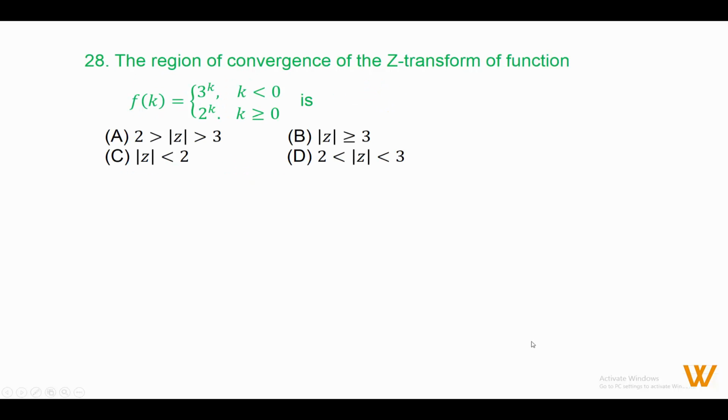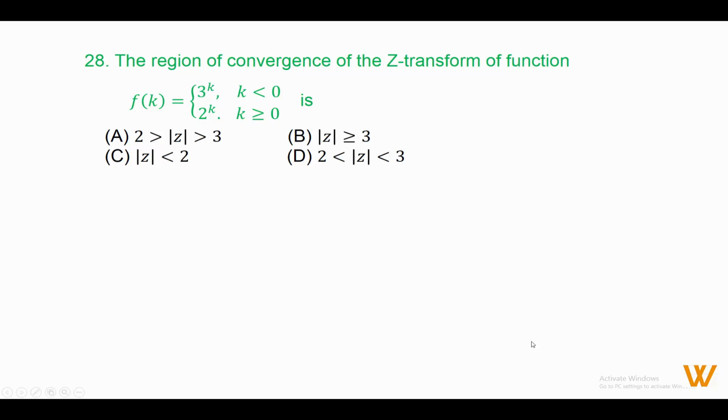28. The region of convergence of Z transform of function f of k equal to 3 raised to k when k less than 0, and function f of k is 2 raised to k when k greater than or equal to 0 is.